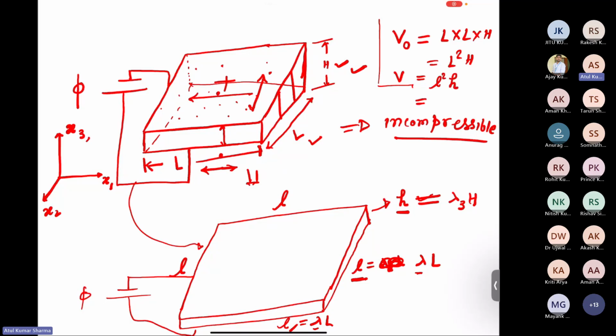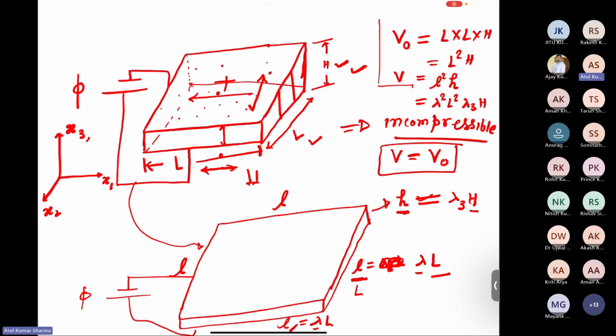And now you know how h is related to capital H and how small l is related to capital L. So we can say that small l square becomes lambda square times L square, and h will become lambda 3 times capital H. Now if you apply this incompressibility constraint, that is V is equal to V naught, means the volume will not change during deformation.